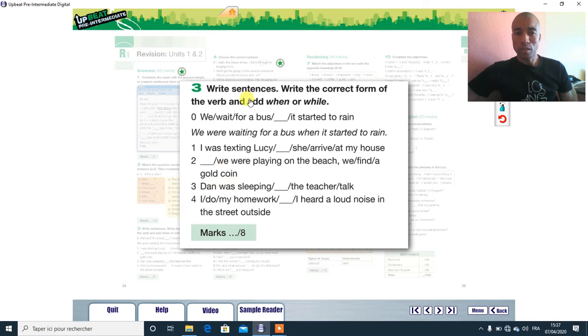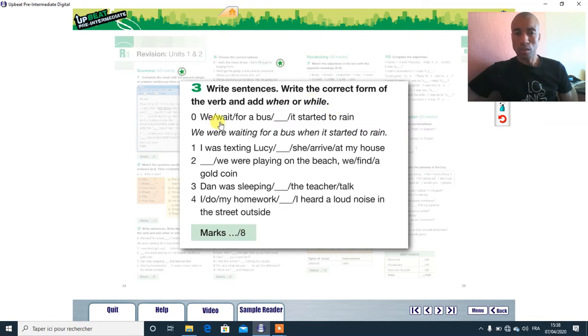We have write sentences. Write the correct form of the verb and add when or while. So here we will talk about the use of when and while in the sentence.